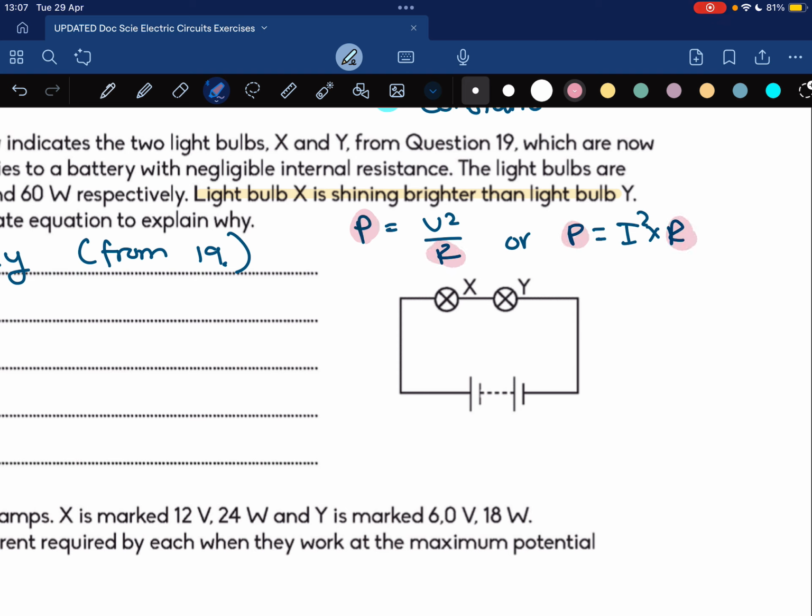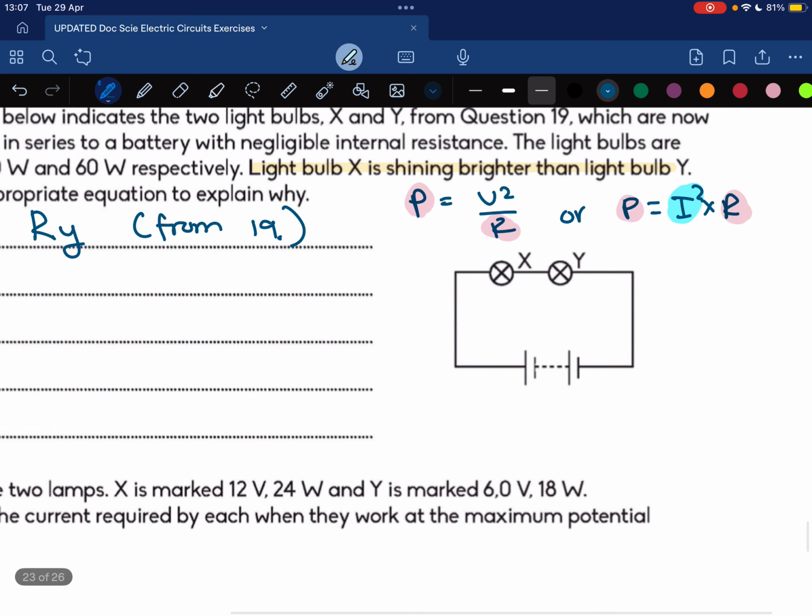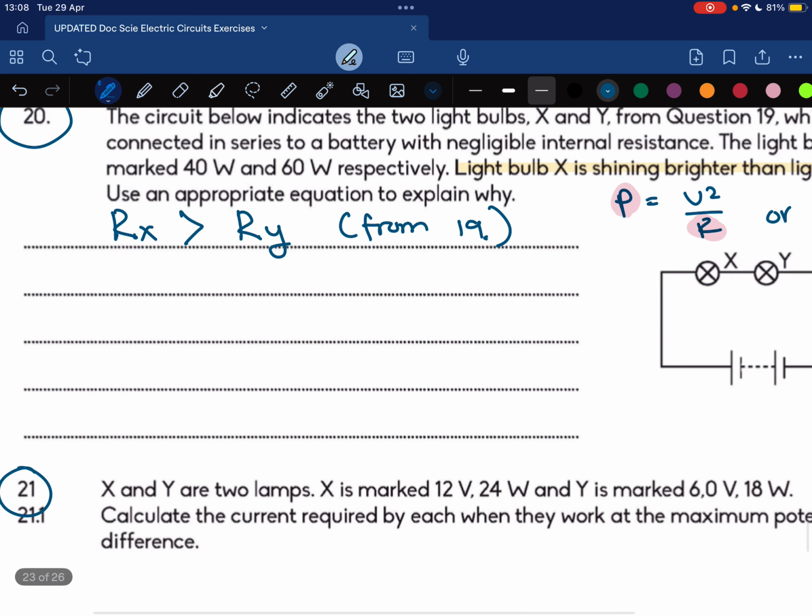But I notice that now the voltage is no longer the same because it's in series. However, I do know that the current is equal because the current is the same throughout the circuit. So the current through X is equal to the current through Y, and P is equal to I squared times R.